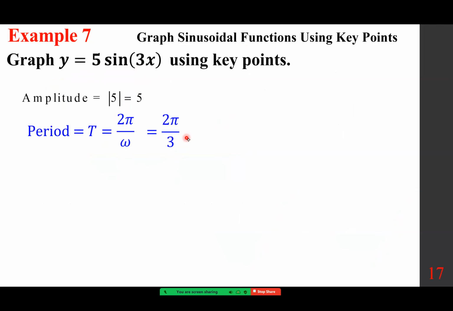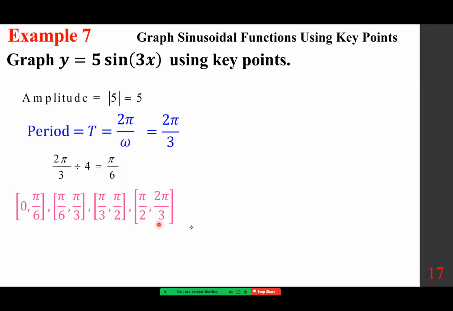When you divide by 4, 2 pi over 3 divided by 4 becomes 2 pi over 12 or pi over 6. So each piece is pi over 6. So if the first one is 0 to pi over 6, the other one is pi over 6 to, you add pi over 6 to that, becomes pi over 3, and then pi over 3 to pi over 2, and pi over 2 to 2 pi over 3. I hope you see how you get that.